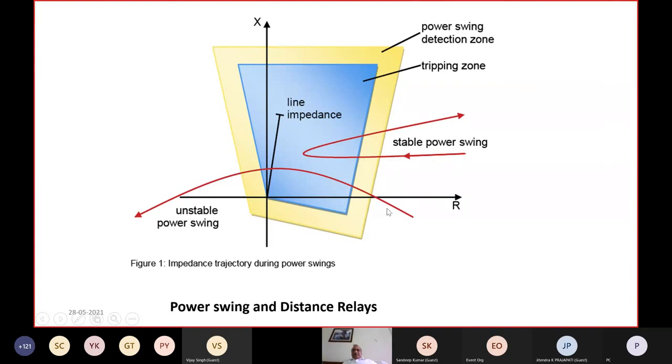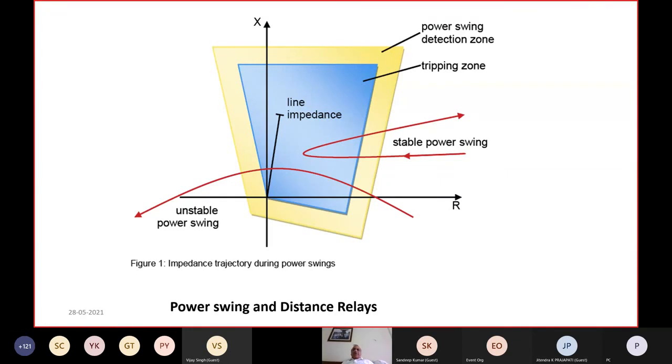But if the swing keeps increasing, that means your impedance, this is a trajectory, and if it enters zone 3, enters zone 2 and enters zone 1, then we used to have tripping. And when you used to have tripping at zone 1, the system used to get further weakened, and then system collapse would take place.